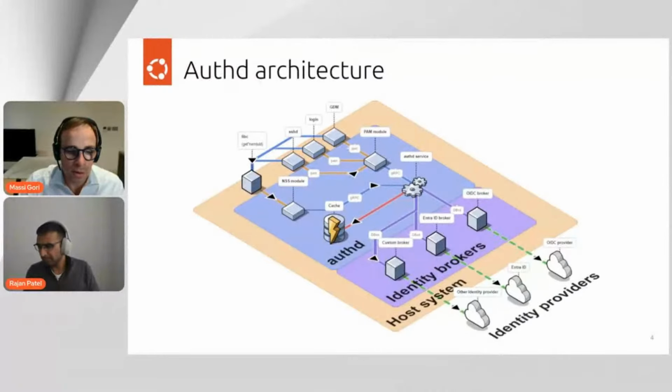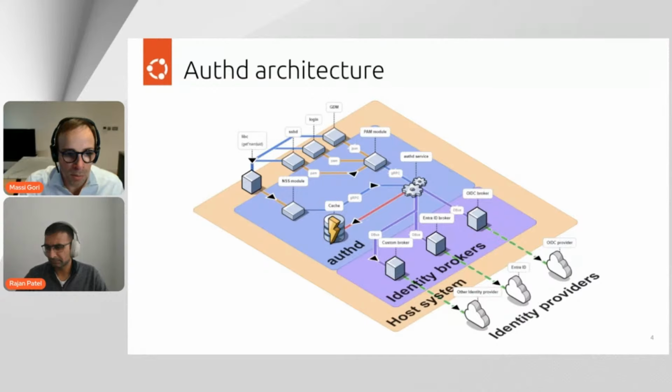The identity brokers are snaps that connect on the one side with the interface that is exposed by the Authd PPA, and on the other side, they act as clients for the cloud identity providers. Normally, you can have one or more of these different snaps, meaning that you can support as many identity providers as you want on each one of your own machines.